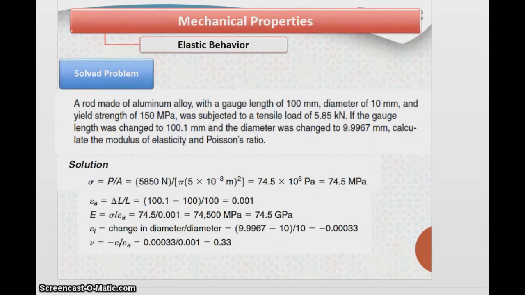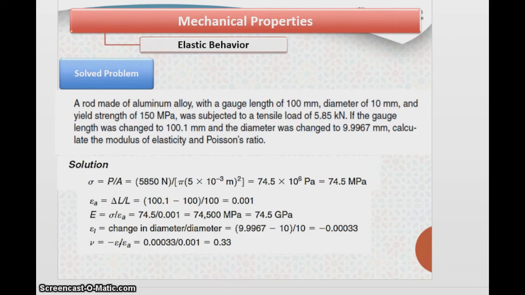So 1 newton per meter squared is equal to 1 pascal. So you can write like this, 5850 newton divided by pi r square. Once you solve this, you can get the answer 74.5 into 10 power 6 pascal.